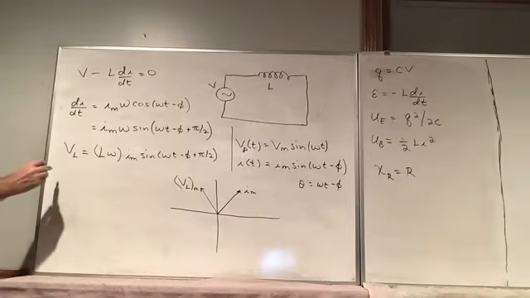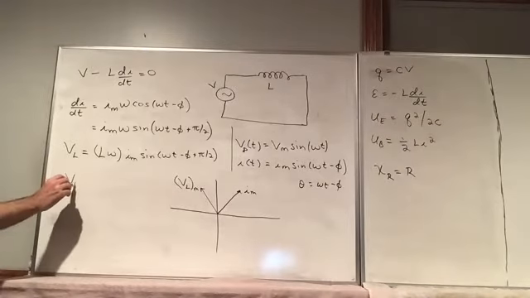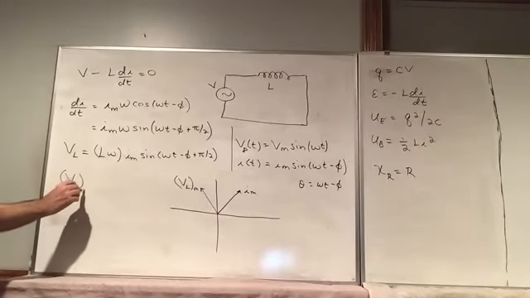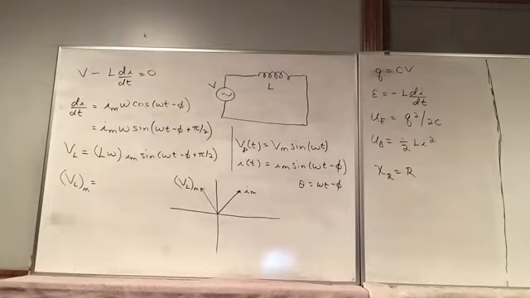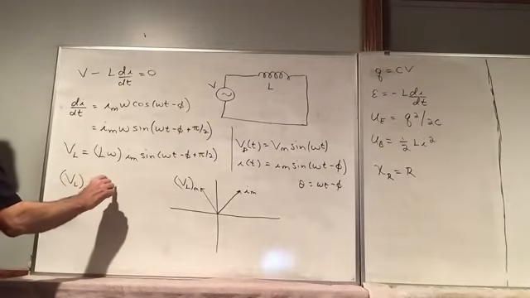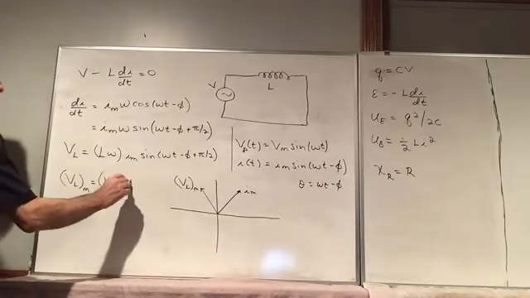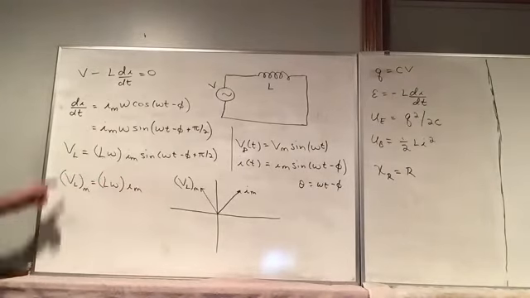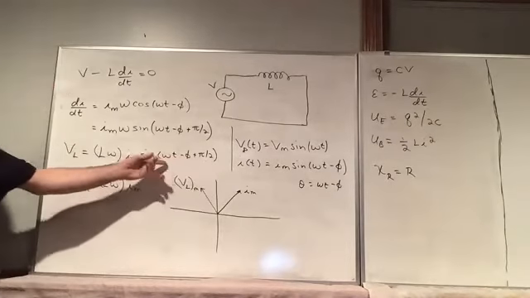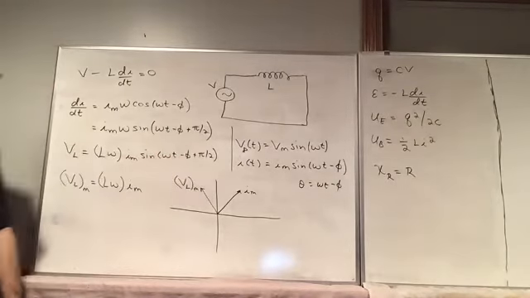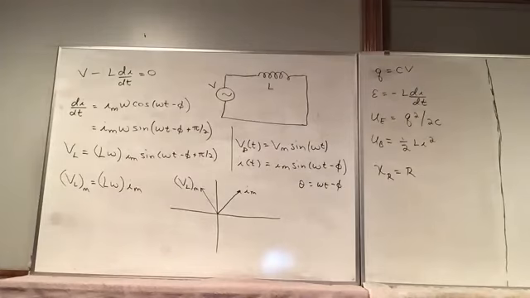So if we look at the maximum value of the voltage, that'll be L omega times I max. The maximum voltage will occur when this whole thing, the omega t minus phi plus pi over 2, whenever that sine is equal to 1.